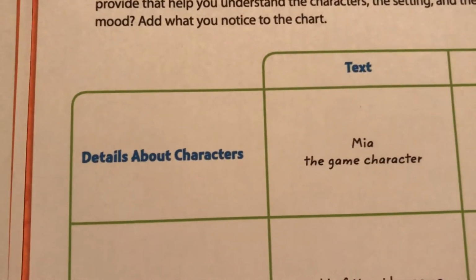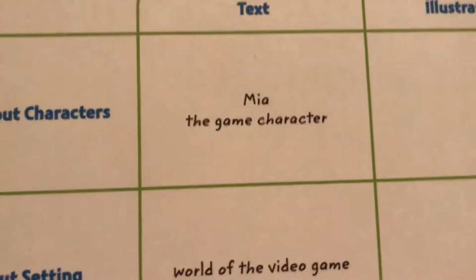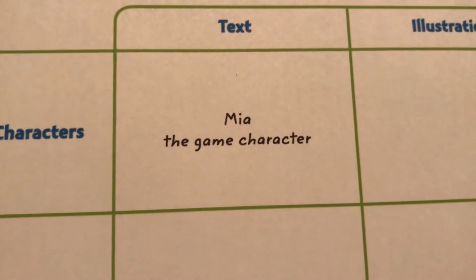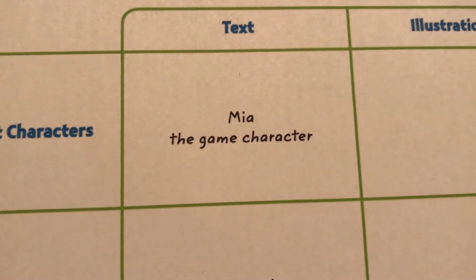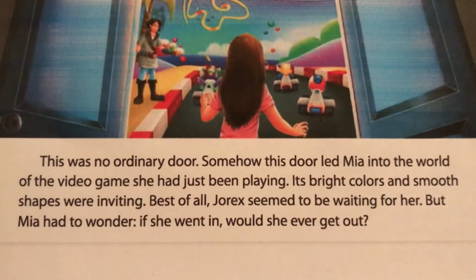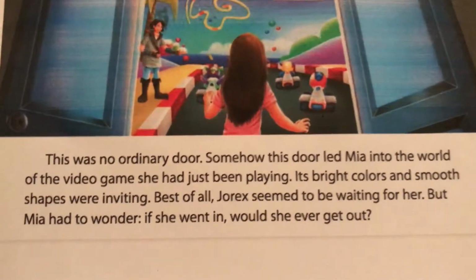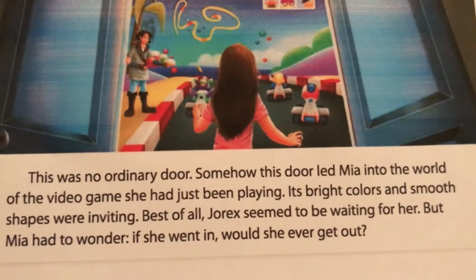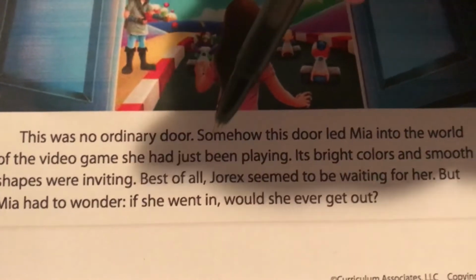First off, details about the characters. In the freebie they give you, it says that one character's name is Mia, and then you have the game character. Now, if we look back in our text to find the game character's name, because we always want to give specifics, his name if we can find it, we always want to reread. His name was Jorax.